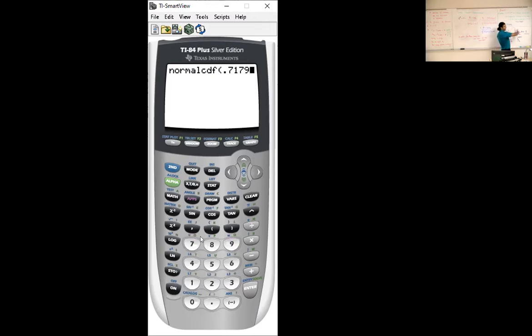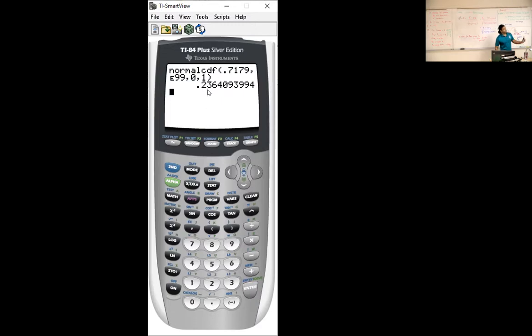So the lower bound starts at B star, which is 0.7179, the standardized test statistic. And the area keeps on going all the way up to infinity, comma, second, comma, E 99, mean 0, standard deviation 1. Good. Enter.